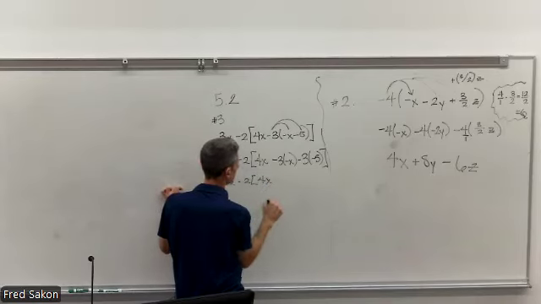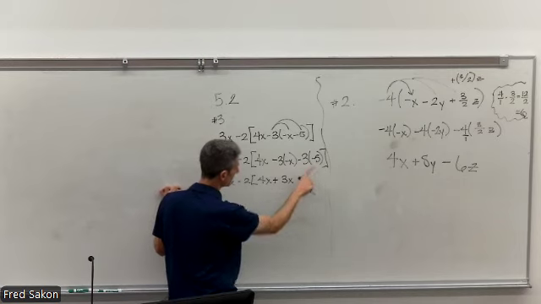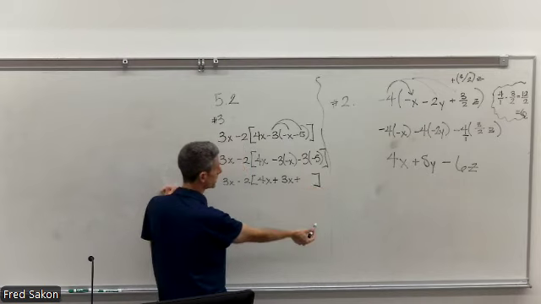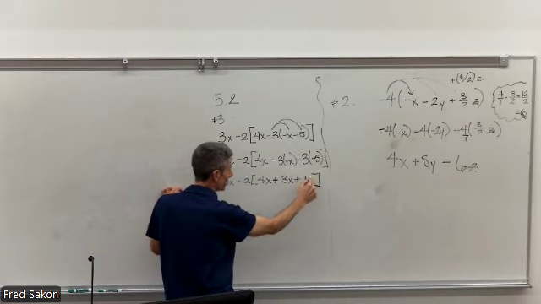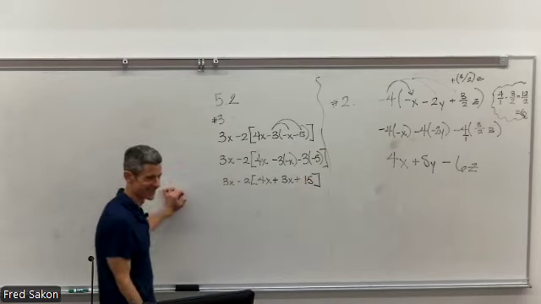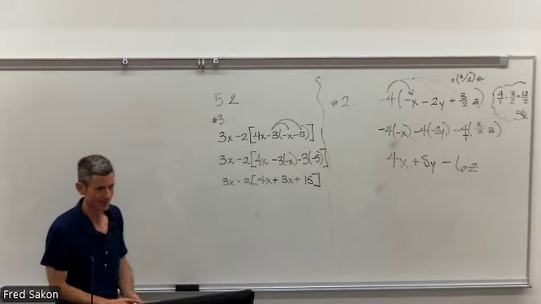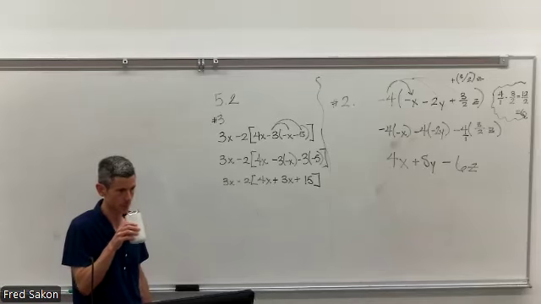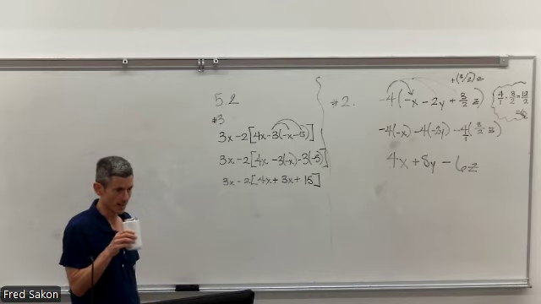Do these. Negative times negative, positive. 3 times x. Negative times negative again, positive, what? 3 times 15. I'm sorry, 3 times 5. And I gave you the number 15. Yeah, you can view the square bracket same as a paren.